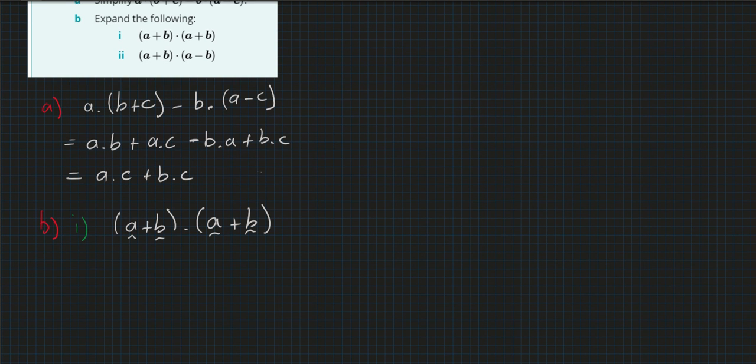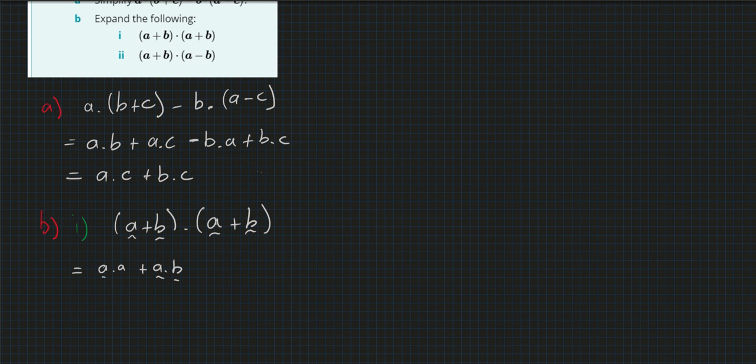So A dot B, in the same way you could break it up in that you could say A dot everything in this bracket plus B dot everything in this bracket, but we'll just do that step straight away. So we've got A dot A and A dot B.